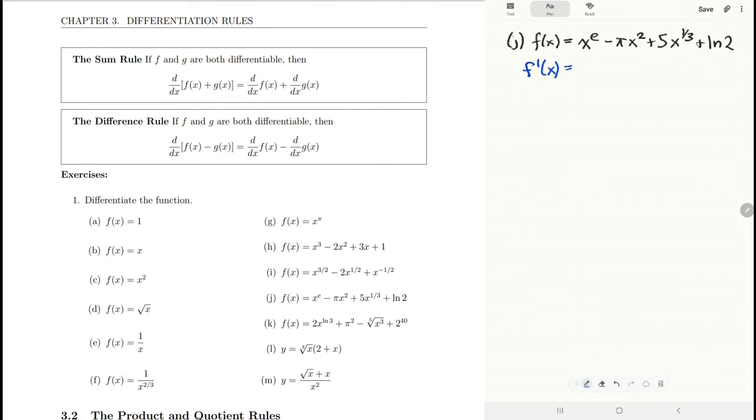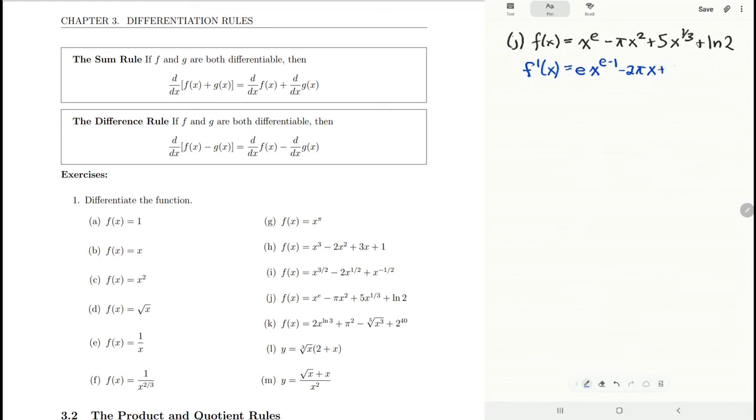So the derivative of x to the power of e, so e is our constant, so we will multiply the exponent in front. We have e times x to the power of e minus 1. We have negative pi times x squared, so we multiply the exponent of 2 in front, so that is minus 2 pi, and then we subtract 1 from the exponent, which leaves us with an x.